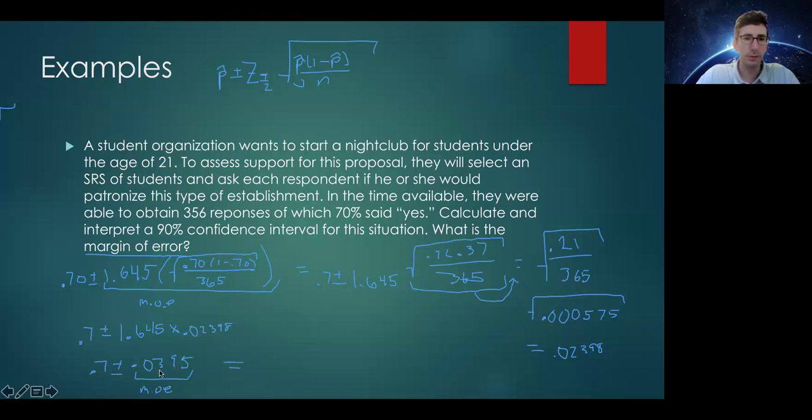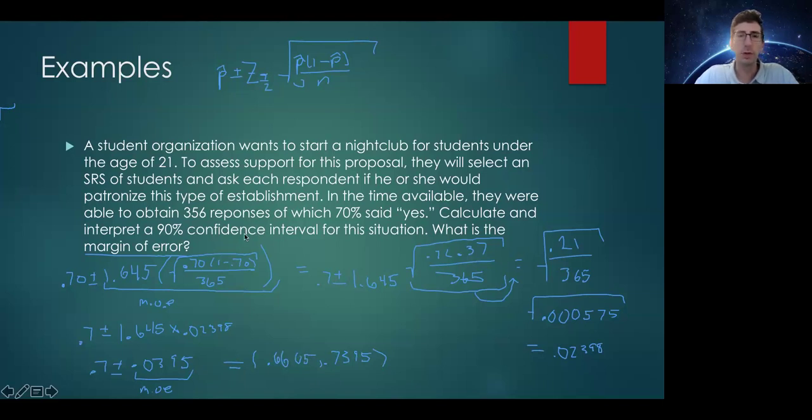And then if I do 0.7 plus this and 0.7 minus this, let's do the addition first. That'll be our bigger number on the right of our interval. And then if you do 0.7 minus 0.0395, you get 0.6605.